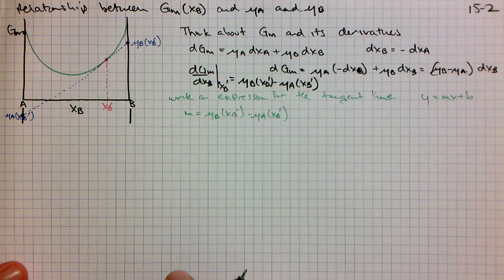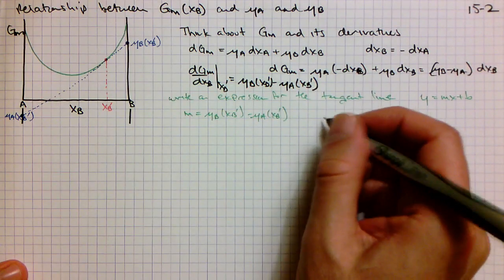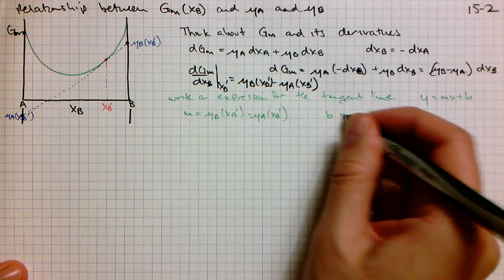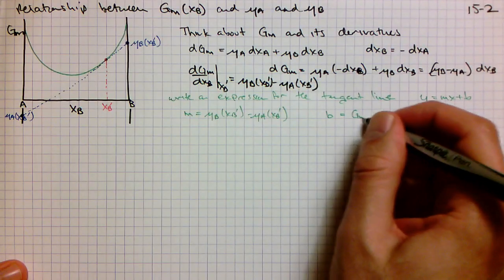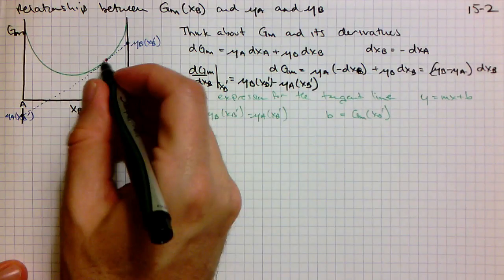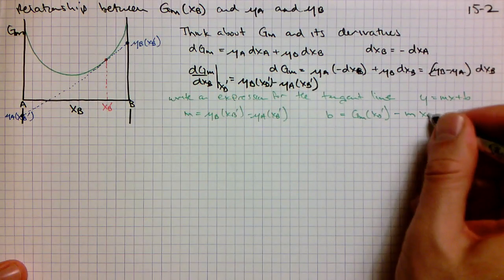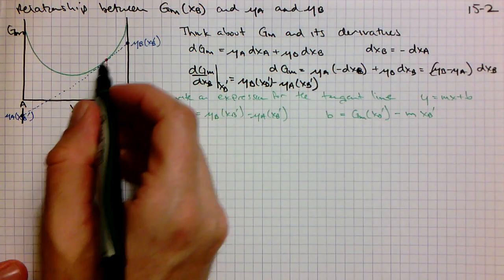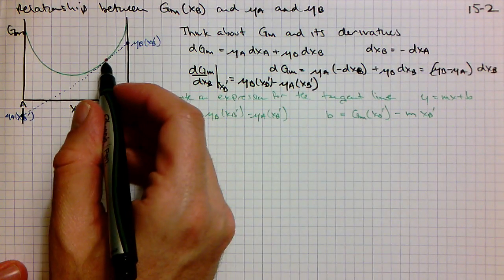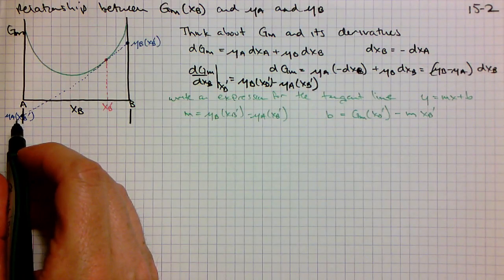But how are we going to get the intercept, right? So, well, we can write b must be equal to Gm at xb prime, right, so the value here, minus the slope times xb prime, right? So we just are going to take this slope, minus the slope, and track it back to where xb prime is equal to 0, right?